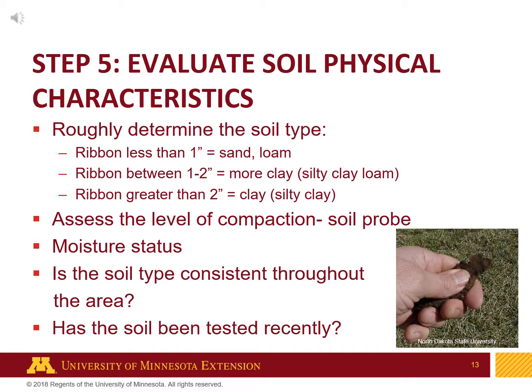Ribbons greater than 2 inches indicate a greater percentage of clay in the soil. Assess the level of compaction and the moisture status by the use of a soil probe. We also suggest to gain a perspective of the various soil types across a property by sampling random areas with the soil. Finally, conduct a basic soil test to determine if any amendments are required.